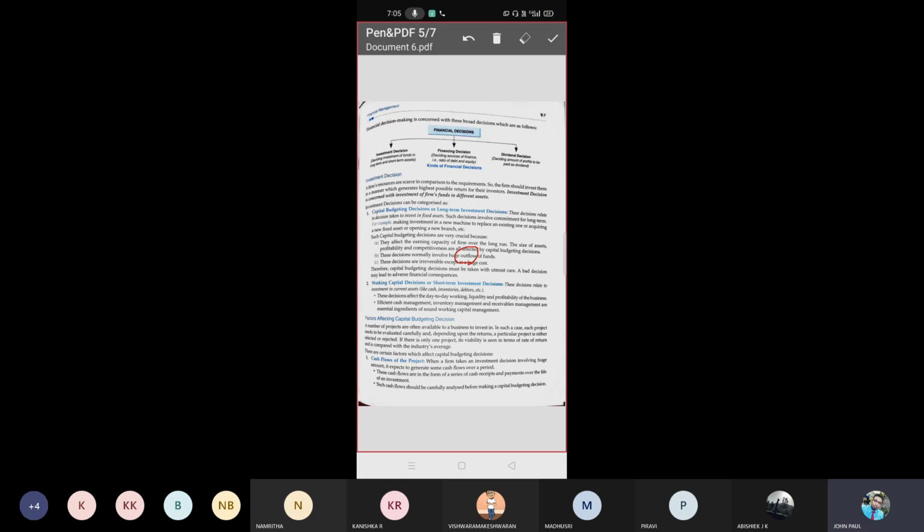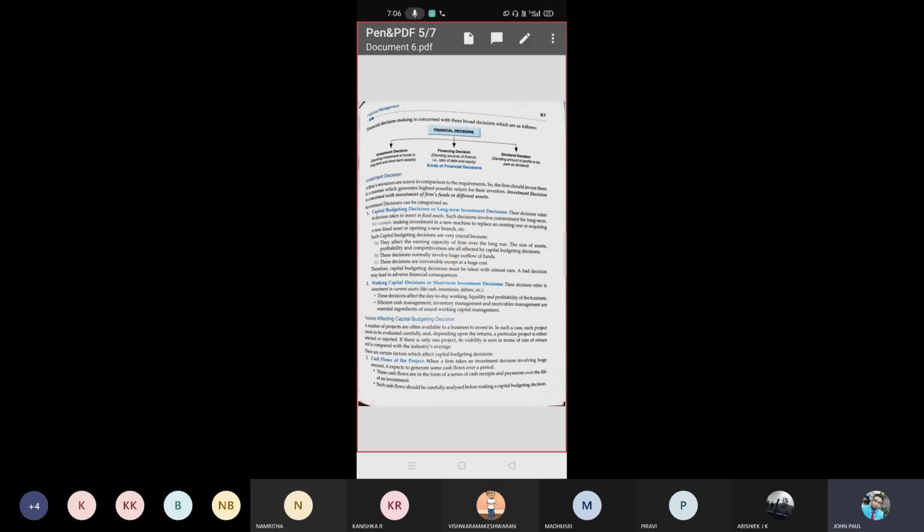For example, if you want to buy 1 acre or 10 acres of land for your business investment, we need to invest nearly 20 crore or 15 crore. So we need to spend money. That is called outflow. Huge means capital is a very big amount.